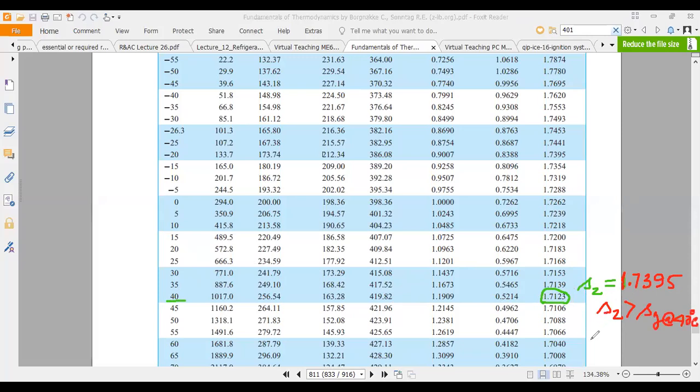Therefore state 2 is superheated vapor. Now how to calculate the value of enthalpy at state 2?